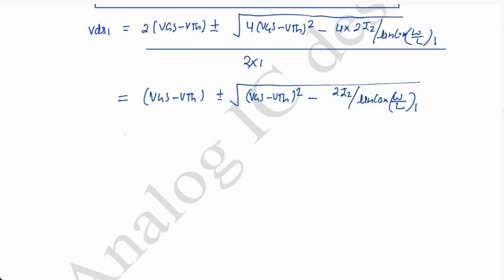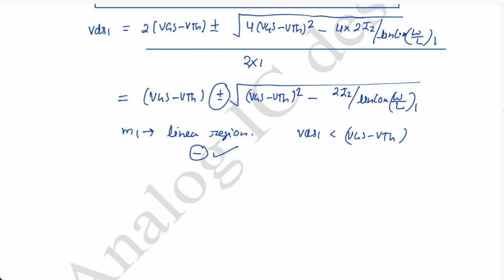So now we know that M1 is in linear region, so VDS1 must be less than VGS minus VTH. So what will be the valid root? The valid root would be taken with the minus sign.